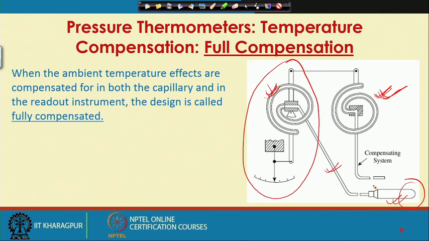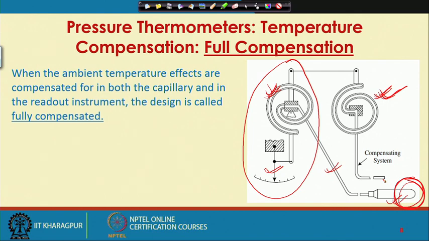Now, since this and this are connected in opposition, the pointer deflection will be based on the effect of medium temperature only.